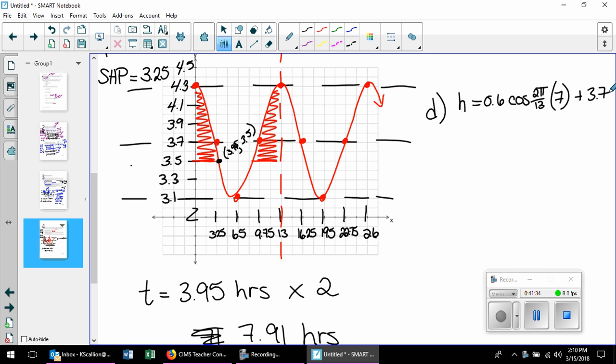Okay, so here's my question. At 6.5 hours, I'm at 3.1. Where do you anticipate 7 hours? Do you anticipate it close to 3.1 or closer to 3.7? Closer to 3.1. That's only a half an hour difference here.